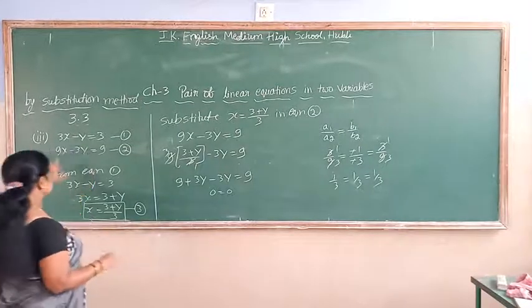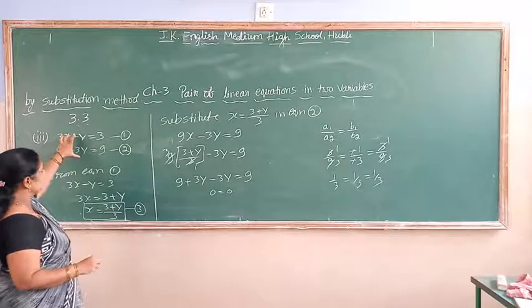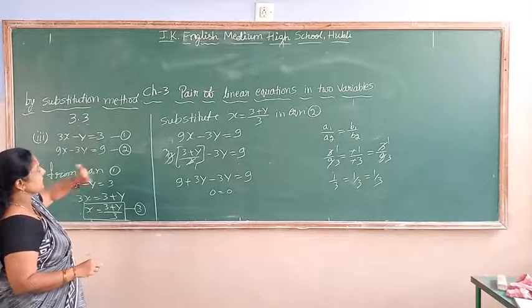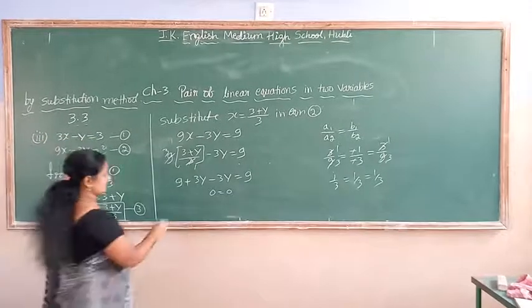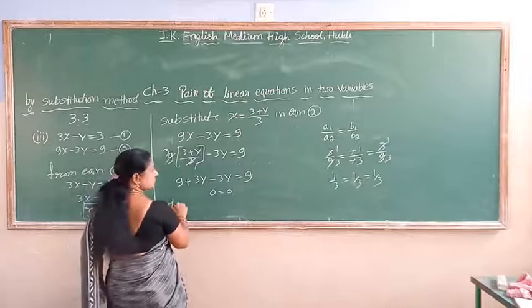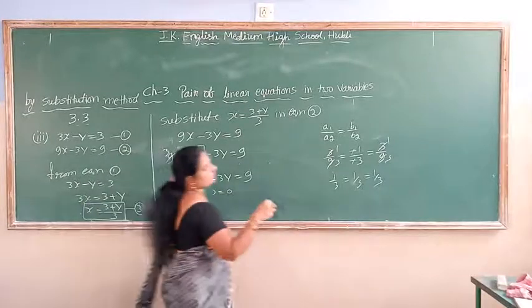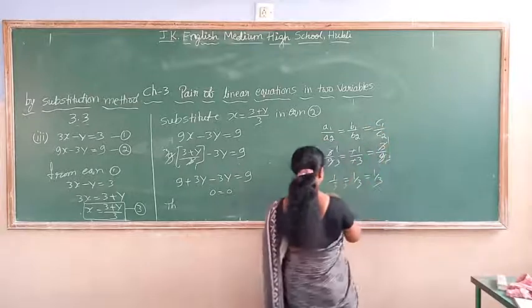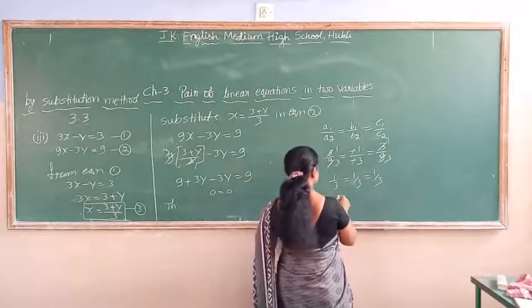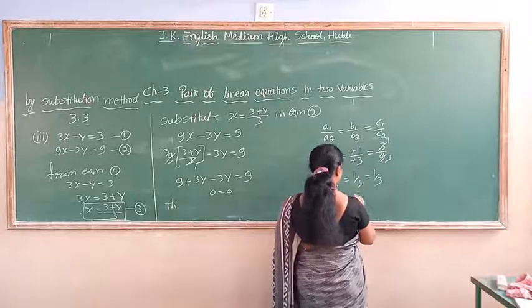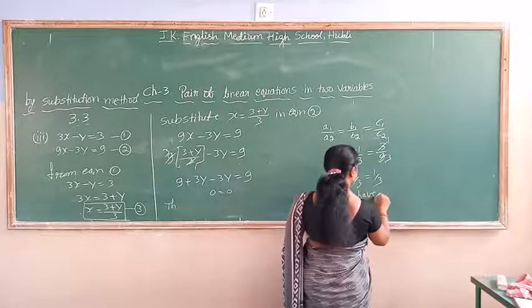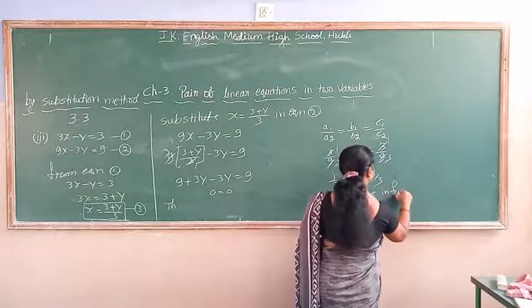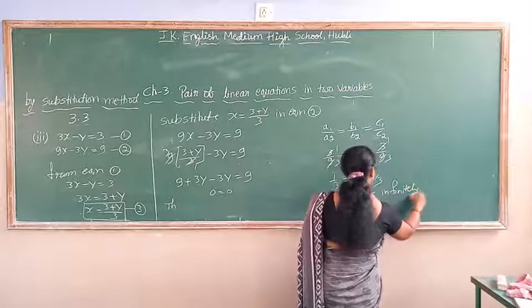These equations are satisfying a1 by a2 is equal to b1 by b2 is equal to c1 by c2. Therefore, it implies these have infinitely many solutions.